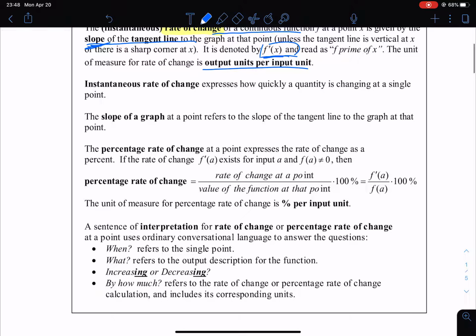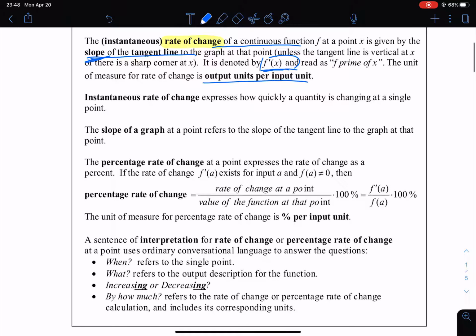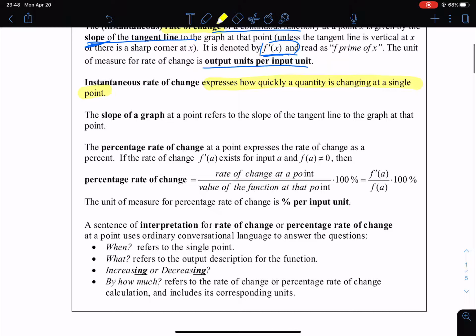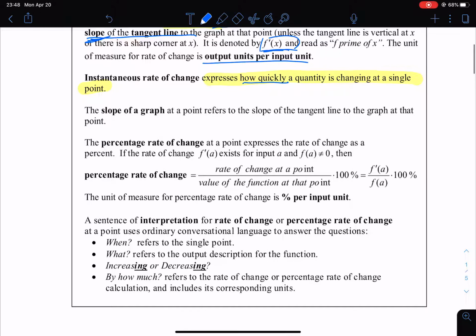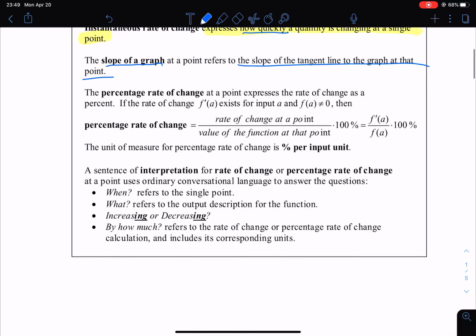And this one, the rate of change expresses how quickly a quantity is changing at a single point. So how quickly is actually the keyword for derivative, or for rate of change. The slope of the graph at a point just means the slope of the tangent line to the graph at the same point.